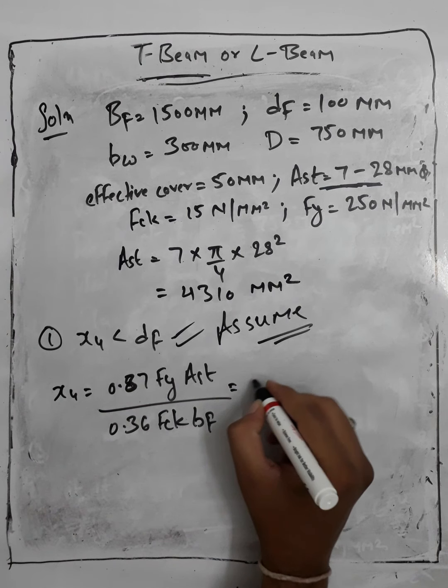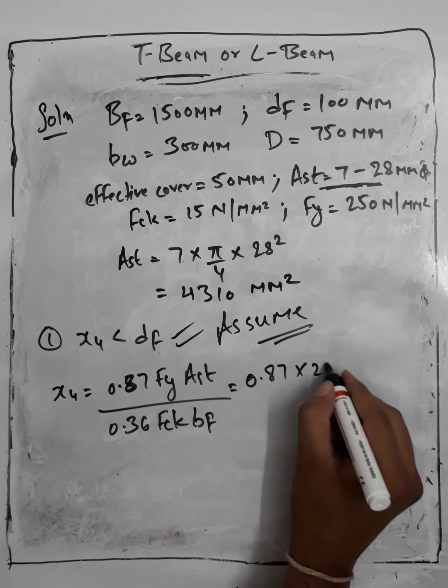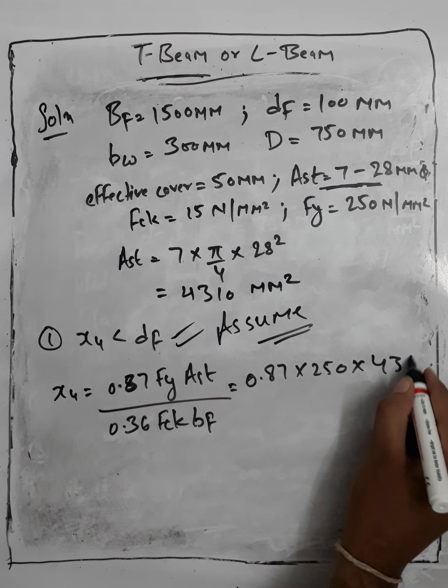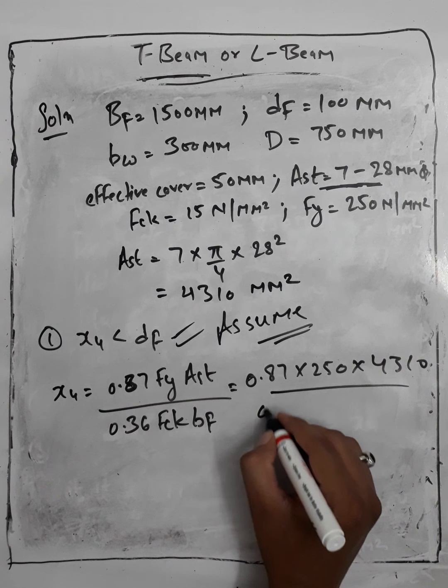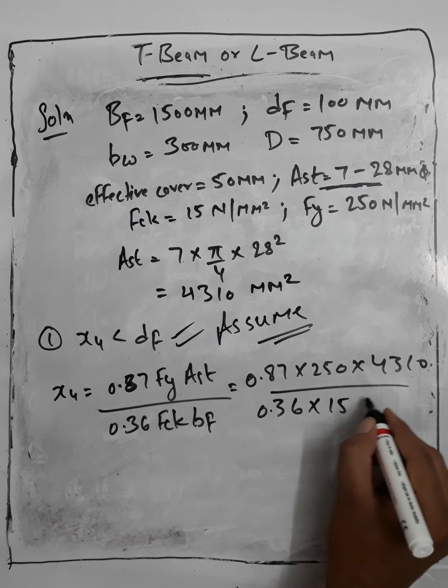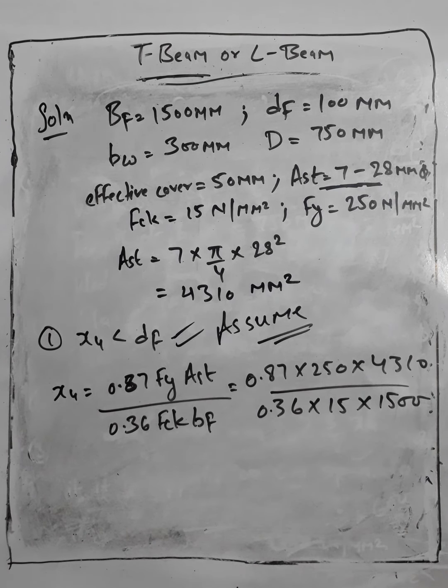So here we put the values: 0.87 into 250 into 4310 divided by 0.36 into 15 into 1500. Now I solve this with the help of the calculator to find how much XU we get. 0.87 into 250 into 4310 divided by 0.36, divided by 15 and divided by 1500.